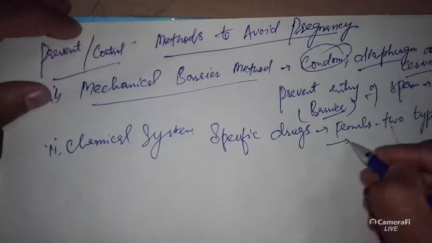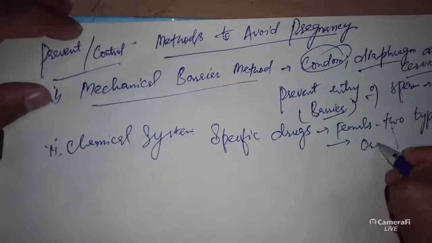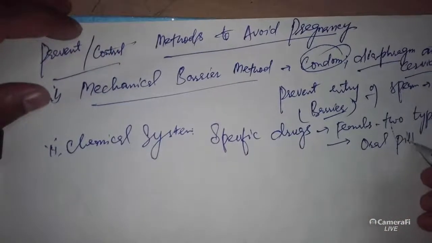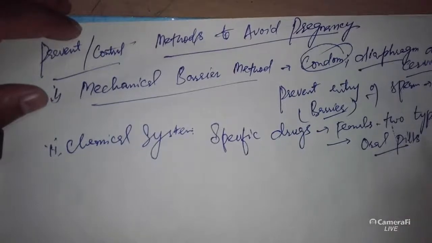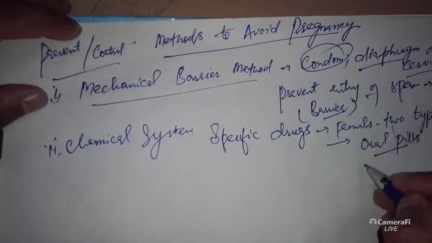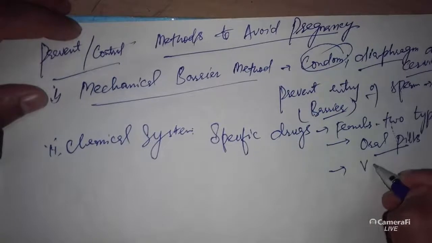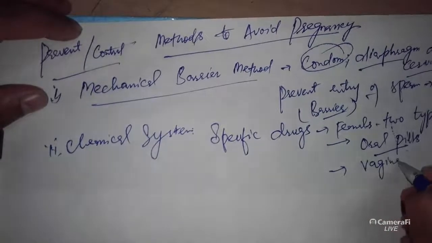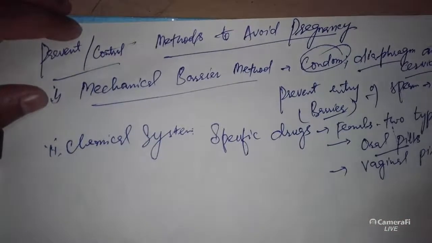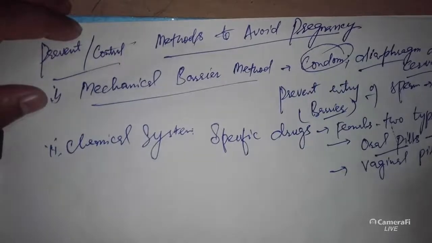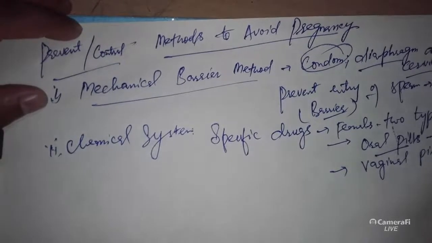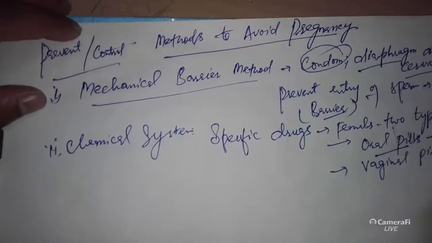Number one, it can be oral pills, or it can be vaginal pills. Oral pill means it is taken through the mouth, vaginal pill means it is used through the vagina by the females.